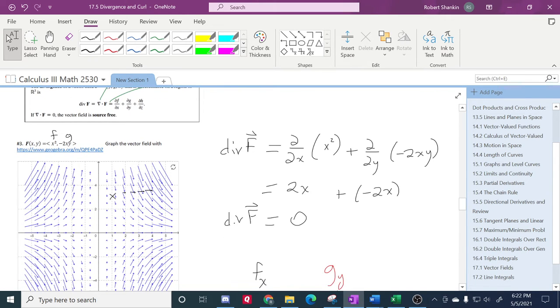As I move in the positive y direction from this point, if the y components of these vectors are getting bigger and bigger, I would be expanding.